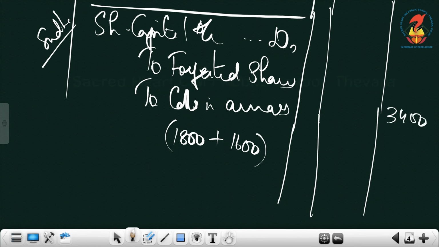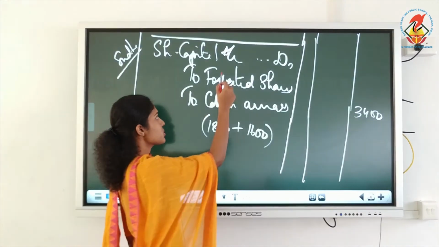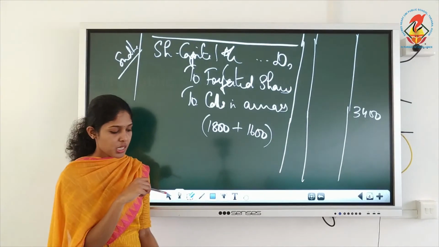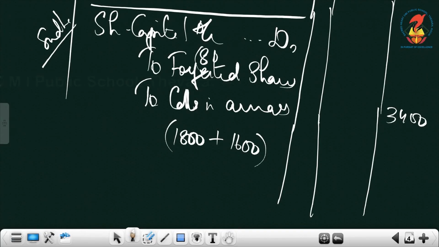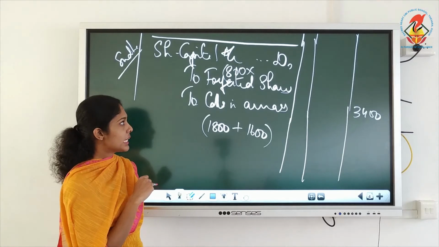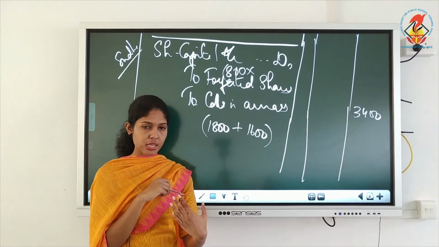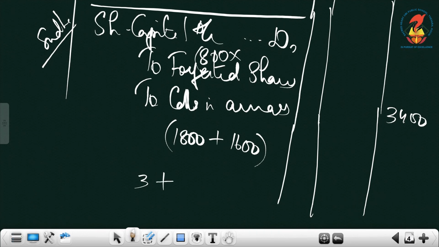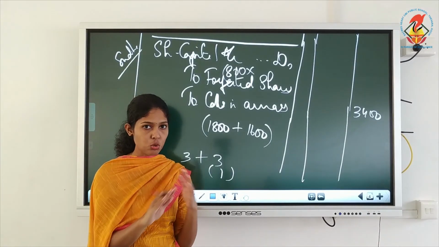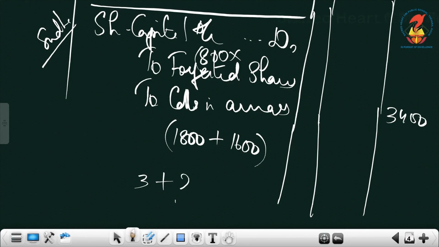Then forfeited shares means what we received from Sudha. How many shares we allotted to Sudha? We have allotted Sudha only 800 shares. So that number you have to consider into what we received from Sudha, which is application of 3 per share, then allotment of again 3 per share, but this includes 1 premium. If premium is received, ignore completely. So this will become 2.